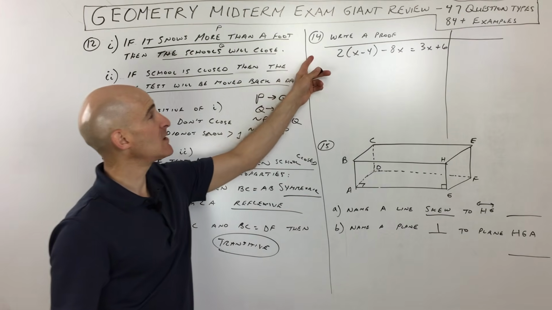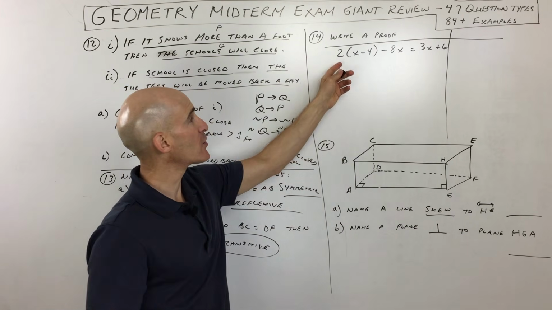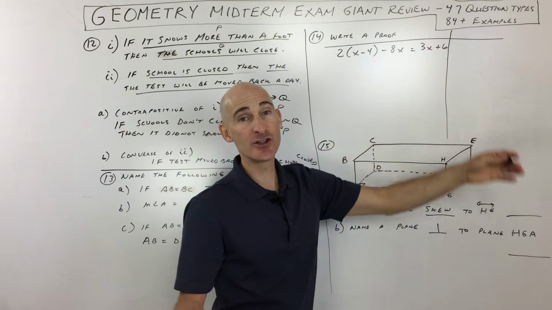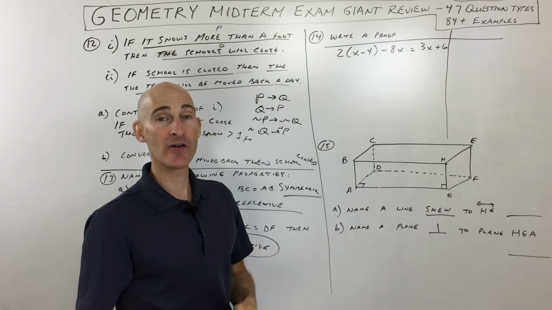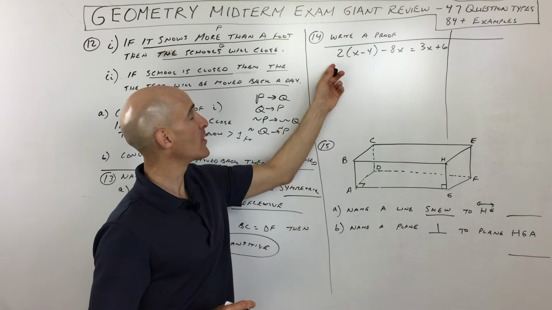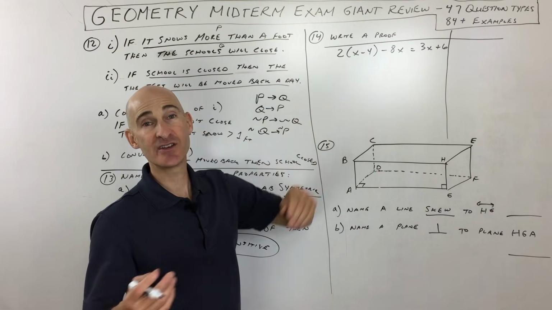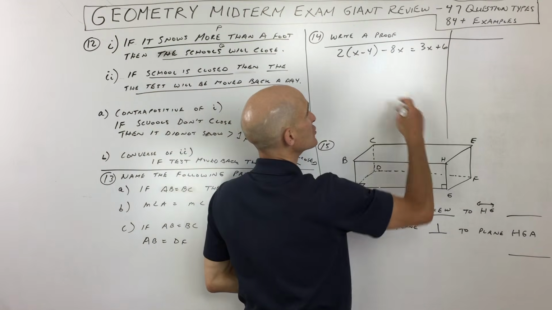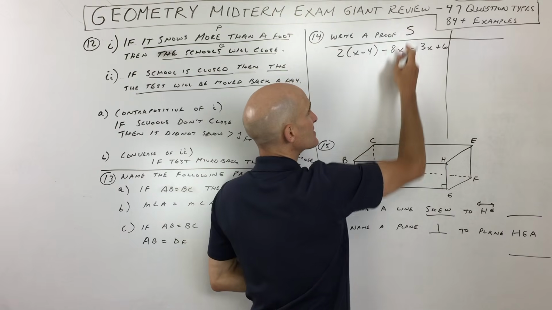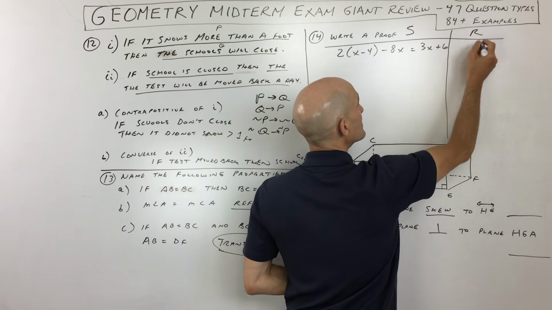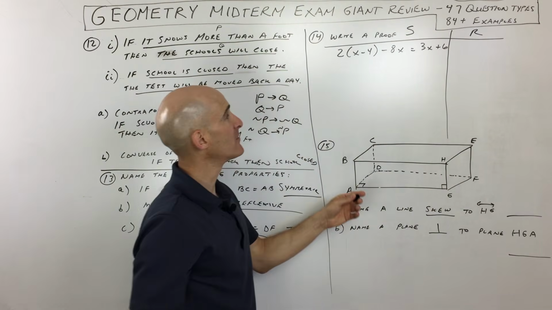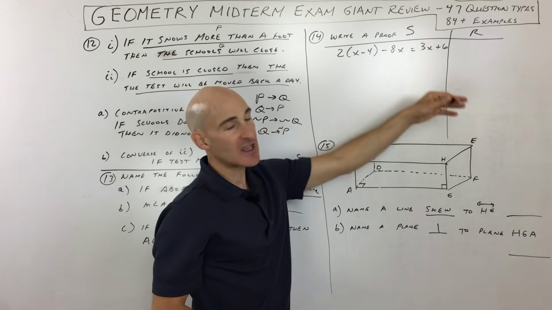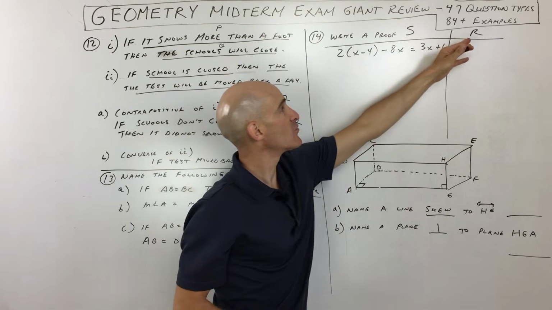Okay, now number 14, we're starting to get into proofs a little bit here, and they start off by giving us an algebra proof, something that you did, solving an algebra equation last year, but now we're actually justifying the steps. So we're writing this as a two-column proof. These are the statements on the left. These are the reasons on the right. Sometimes they call them the justifications, but we're just going to say statements and reasons.